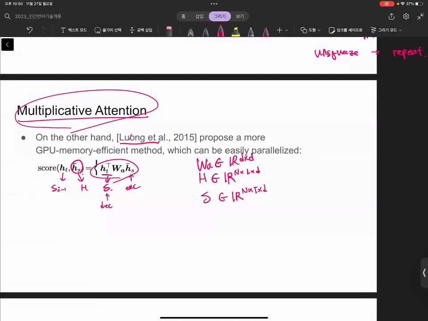And this is the inner product between H and WA S bar, right?